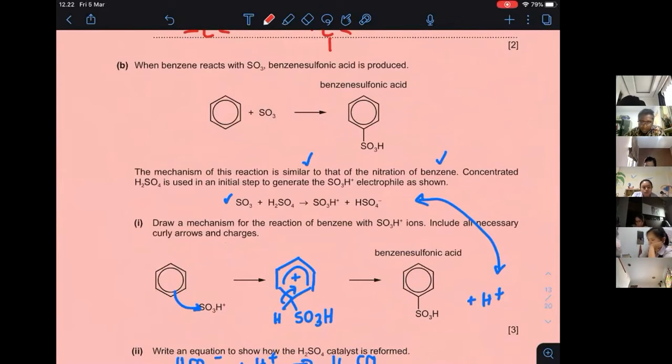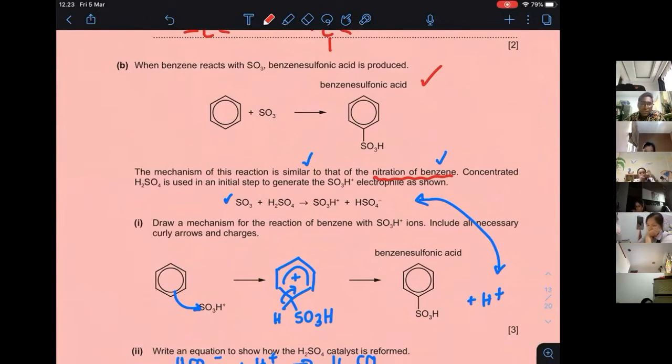We didn't learn about this, but anything that we didn't learn, they will always give a relationship. For example, they say this is similar to nitration, so concentrated sulfuric acid is going to be used in the initial step.